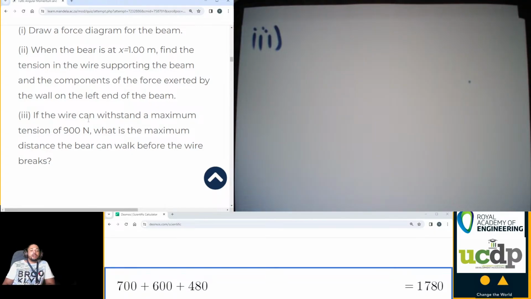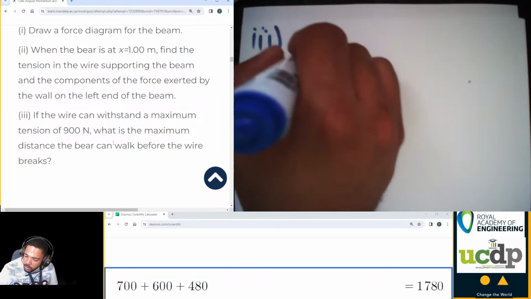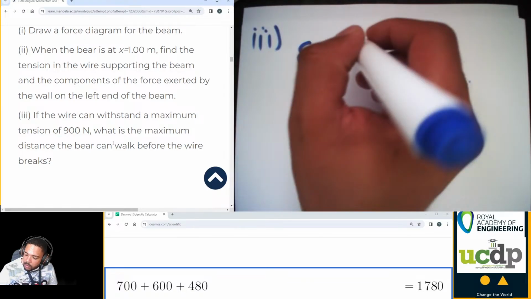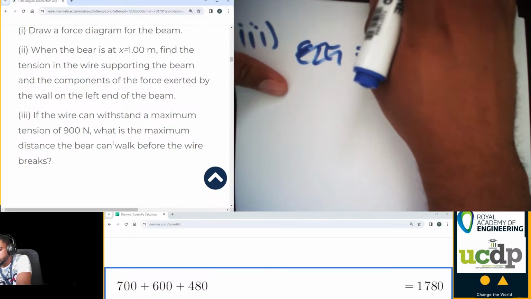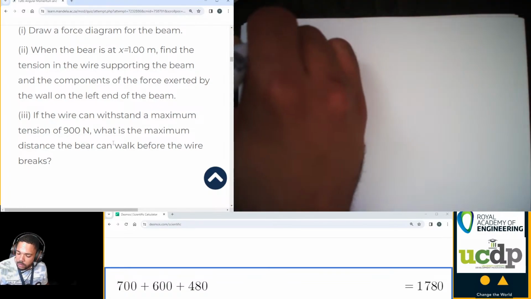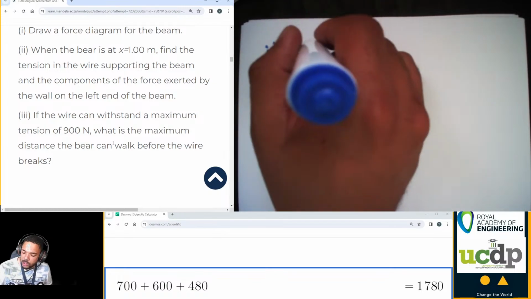They ask if the wire can withstand a maximum tension of 900 newtons, what is the maximum distance the bear can walk before the wire breaks? Now, the wire, okay, that thing looks weird. I didn't make a mistake. I just drew the symbol weird there.